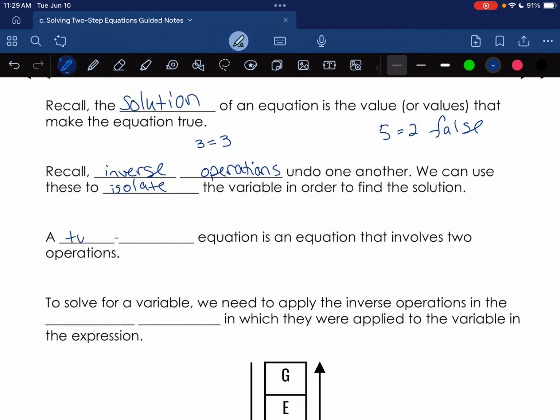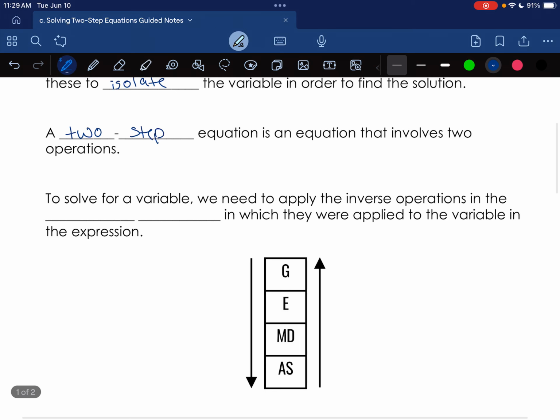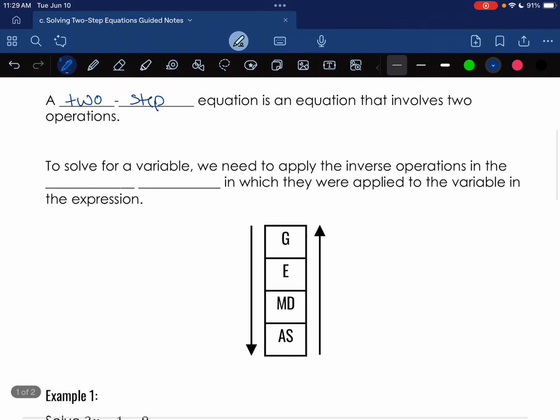And as we mentioned before, a two-step equation is one where we have to do two operations. So to solve for a variable, we have to apply the inverse operations in the reverse order in which they were applied to the variable expression.